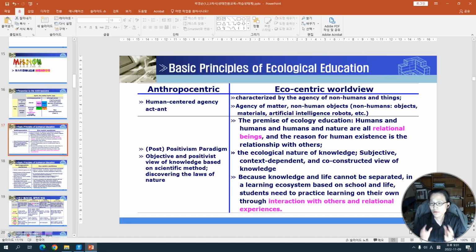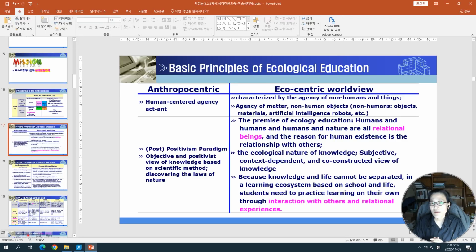Okay, the whole school, or it could be a classroom, they are saying that is a learning ecosystem, because a learning community or those learning systems should work as a system. So when you put eco in addition to system, it's ecosystem, which means we need to practice learning and teaching, or all work, through interaction with others. Because what? We are all relational beings.